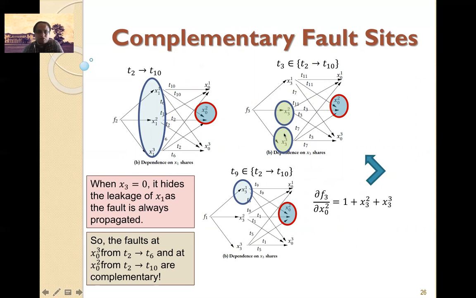While it also, like in the previous case, affects all the possible shares of x3 and therefore should conflict with the leakage of x1, the condition is complementary, as shown in this positive Davio decomposition. Therefore, while in the previous case the leakage was hindered when x3 was equal to 1, in this case the leakage gets hindered when x3 equals 0. So the fault at x03 from t2 to t6 in the previous case, and the fault in this slide at x02 from t2 to t10, are complementary.